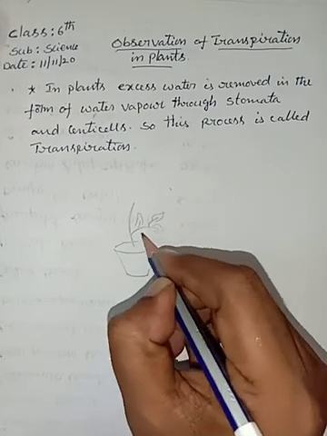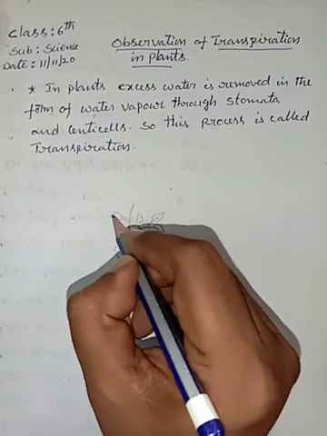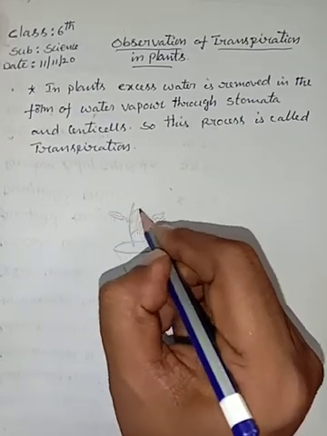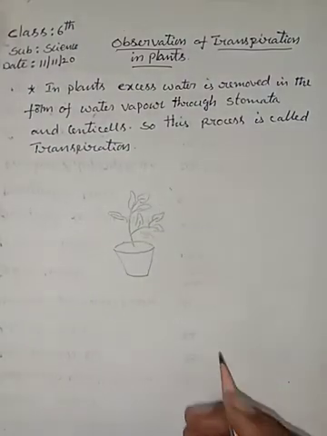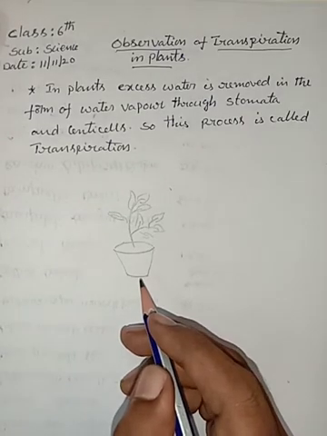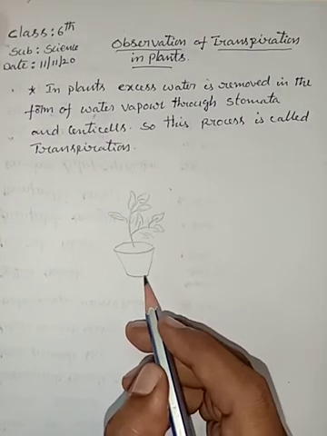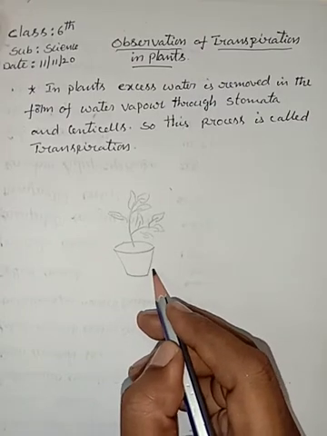These are leaves. This is a well-watered plant. This plant has been growing in the sun. Okay, children.